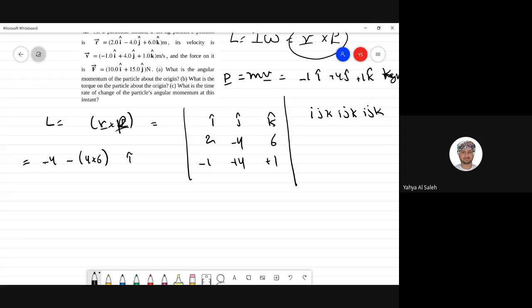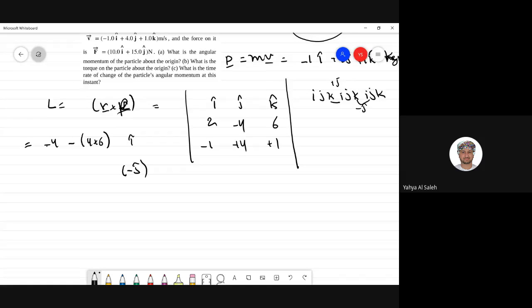So k cross i is plus j, but i cross k is reverse, so it's minus j. Okay, so I will put minus j here.